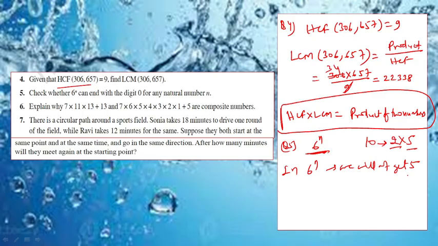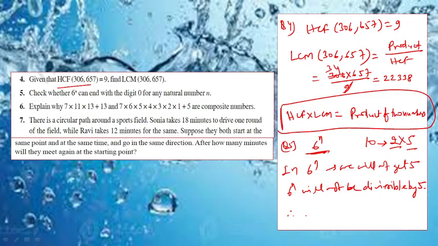Always the number will be having an even number only at the end. So 6 to the power n will not be divisible by 5 in any case. It is divisible by 2, yes, but it is not divisible by 5.